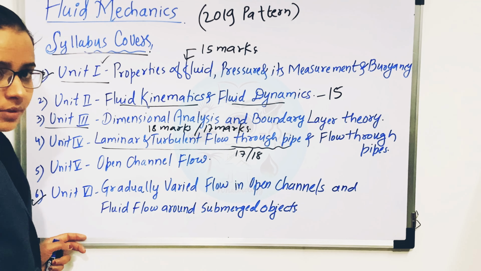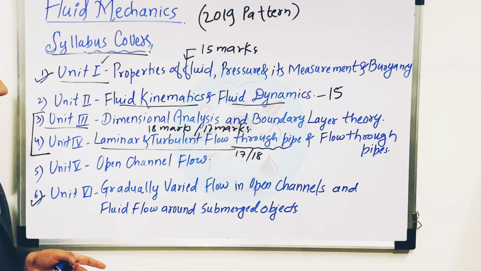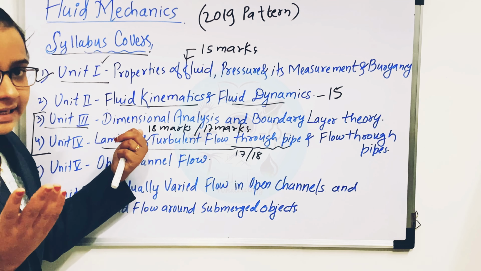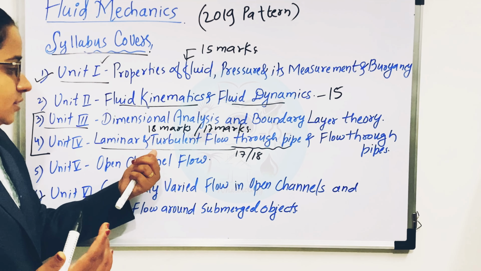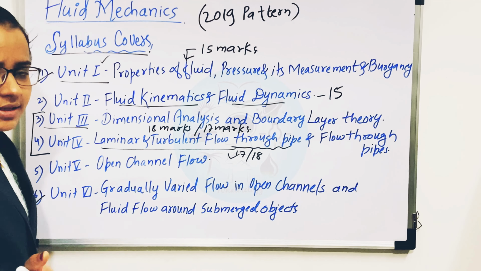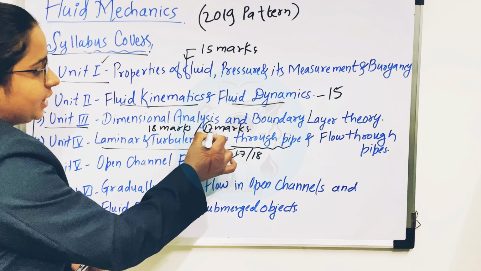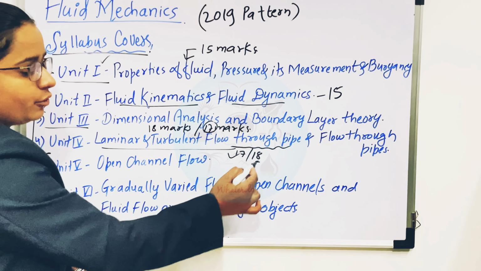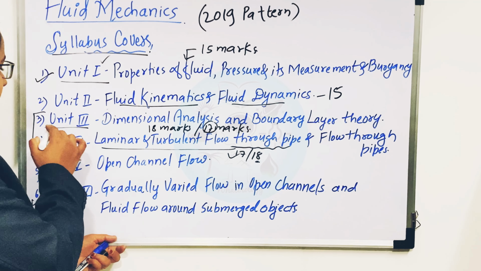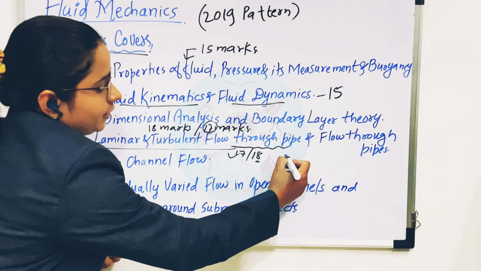If we talk about unit numbers 3 and 4, suppose in the examination unit number 3 is for 18 marks, then definitely unit number 4 will be for 17 marks. It is vice versa. If unit number 3 is for 17 marks, then unit number 4 will be for 18 marks. It means unit numbers 3 and 4 combined are for 35 marks.